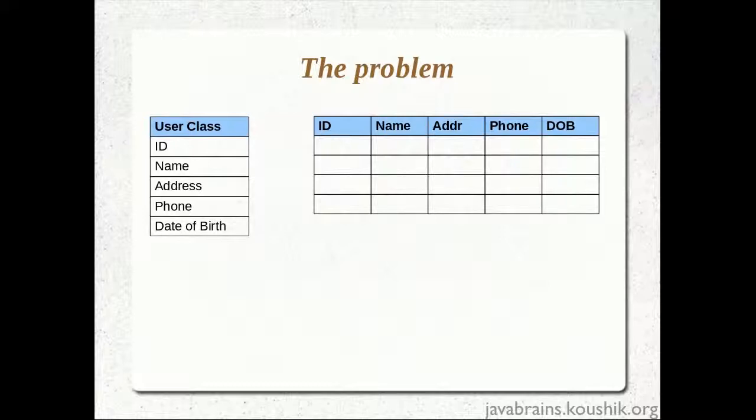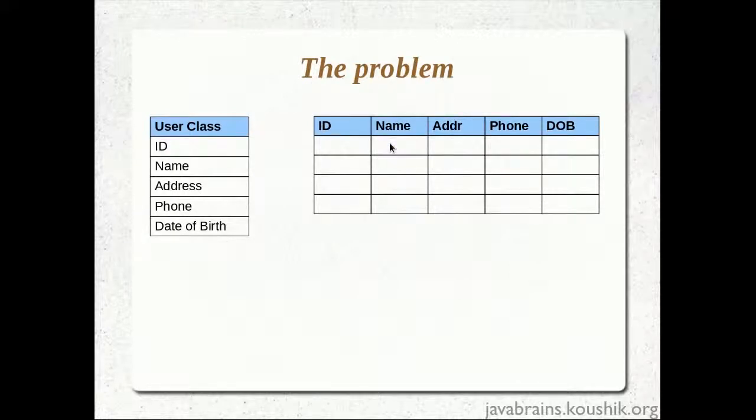Now I would take this user object and I would pull up all these fields, and I would create a SQL query that would do an insert, and I would insert it into this database. So depending on what the user's information is, those data would go as a SQL query, and it would do the insert. The same way, if I need to create the user object, I would have to do a select on this table, and once I do a select, I would probably get a record set.